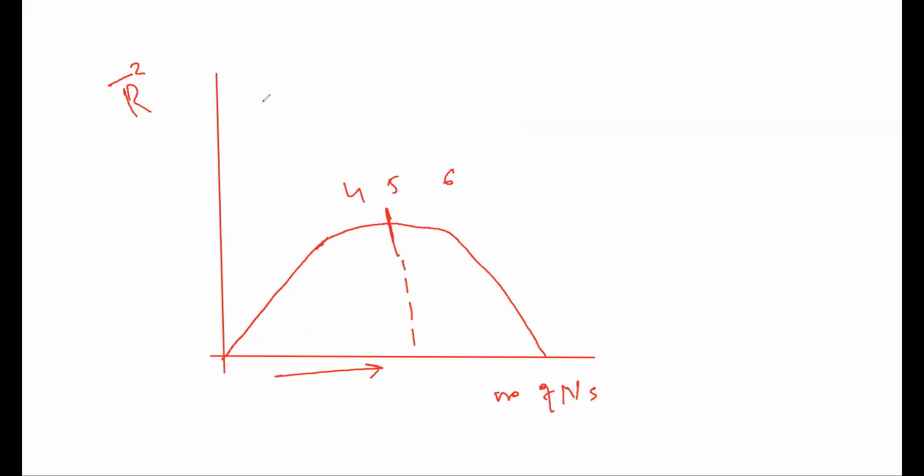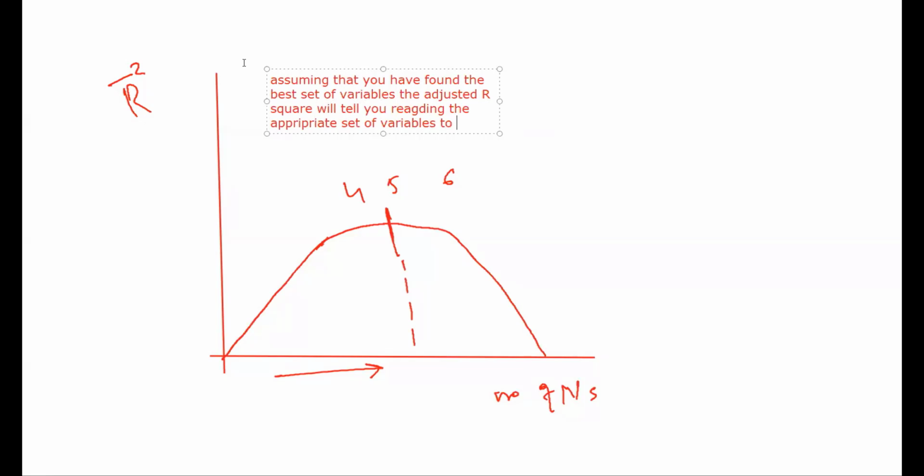Assuming that you have found the best set of variables, the adjusted R square will tell you the appropriate set of variables to be kept in the model.